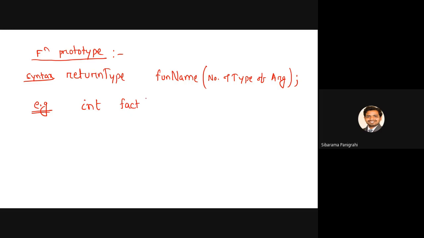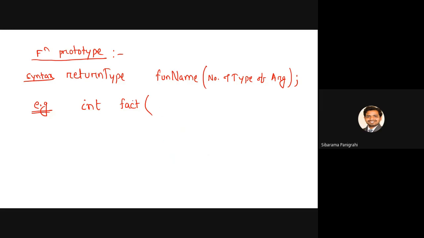You can take fact. How many arguments will it take? In order to calculate the factorial, how many arguments will it take? One argument. Because if I ask you what is the factorial of 5, here how many arguments has it taken? One argument, that is 5. So 5 is of which type? It is of integer type.